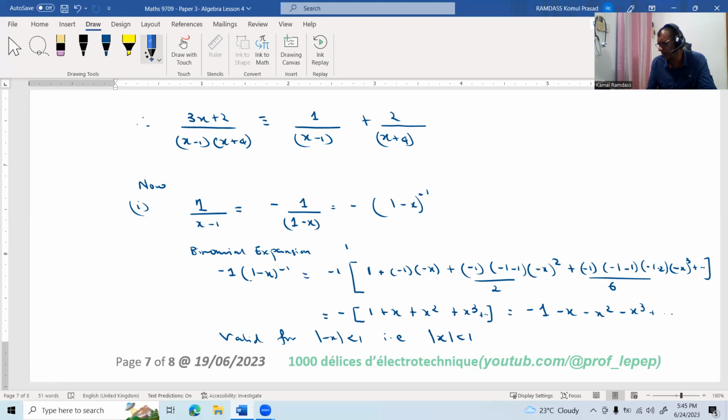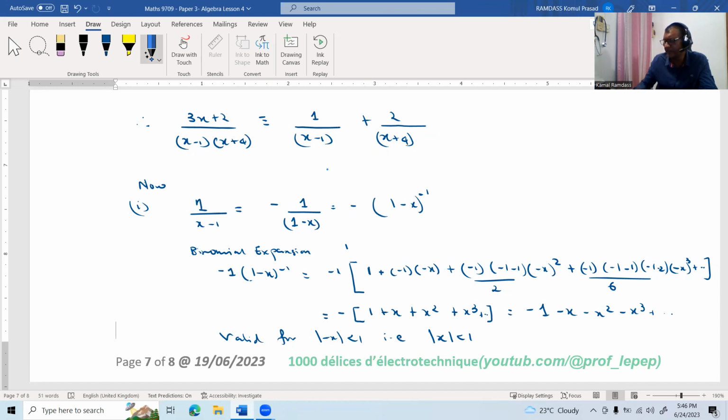Je vais vérifier et c'est la bonne réponse. Minus 1 minus x minus x squared minus x cubed, valide for modulus de minus x less than 1. Et that is modulus de x, parce que modulus de minus x et modulus de x valide for modulus de x less than 1.